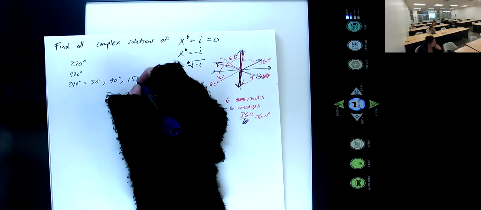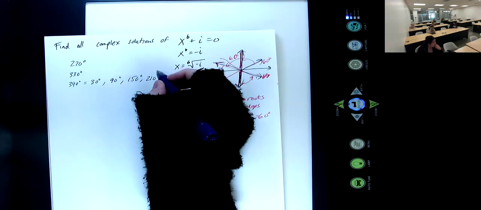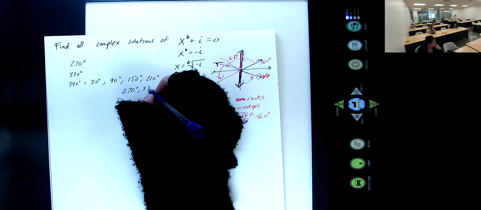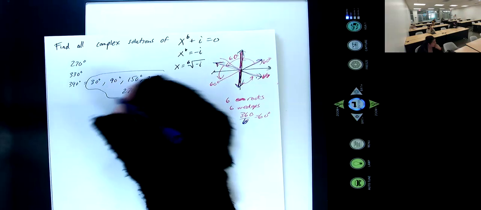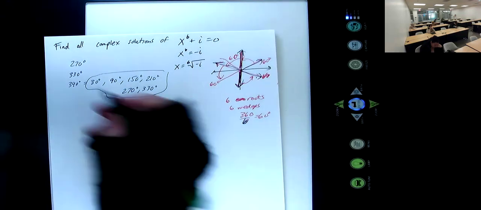Another 60 is 150. And then 210. So I'm thinking when I'm done, these are my angles. But we're going to show it doing it the other way.